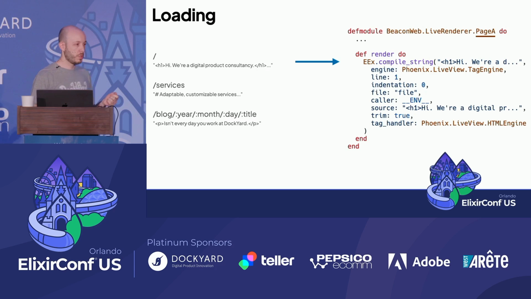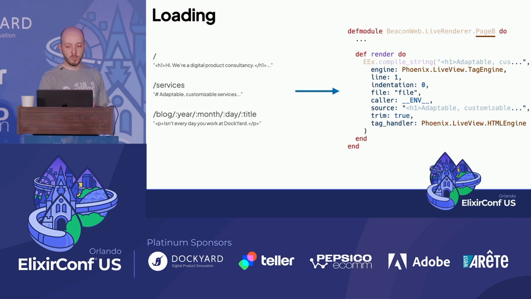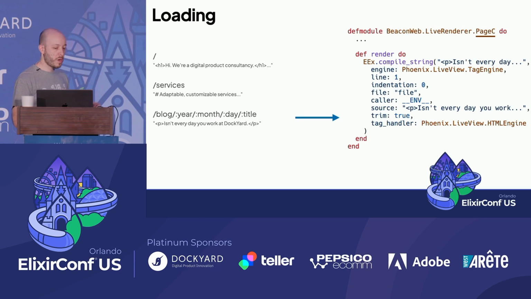We call this module a page module. It does have some functions, but the most important one is the render function, which is going to compile the template for that page. And that module has a unique name. So it goes through each one of the pages and will compile and load that module for each page. So whenever you start the application or publish a page, that's the process that happens inside Beacon.